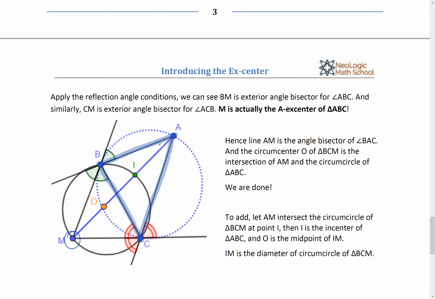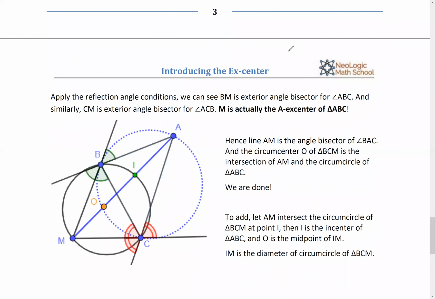So then this angle equals this. Now, where is my O, the so-called circumcenter for triangle BCM? What is that point? Think about it. Once you realize M is the excenter, the problem is pretty much solved.